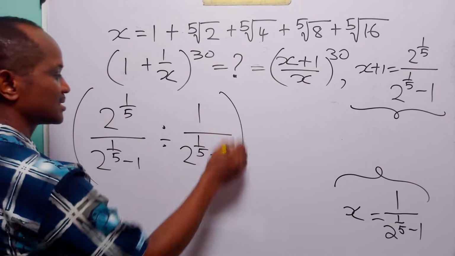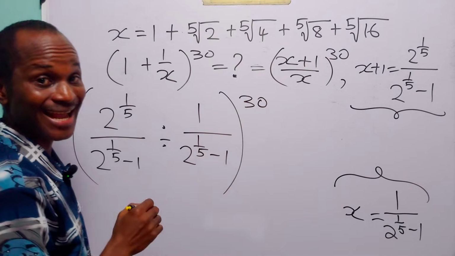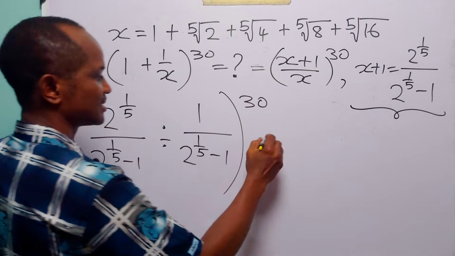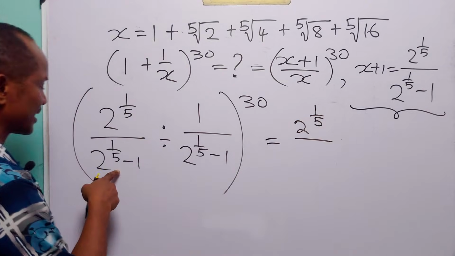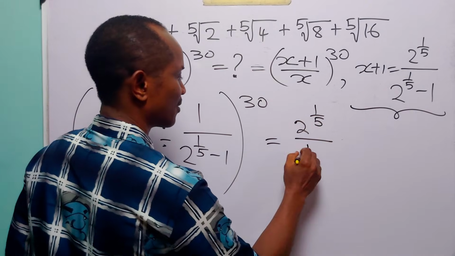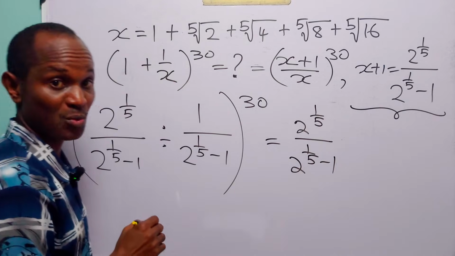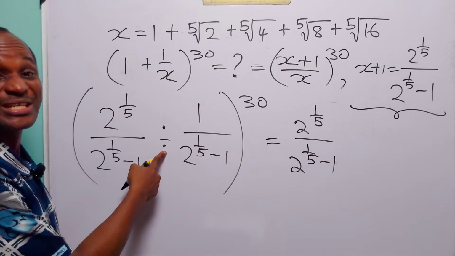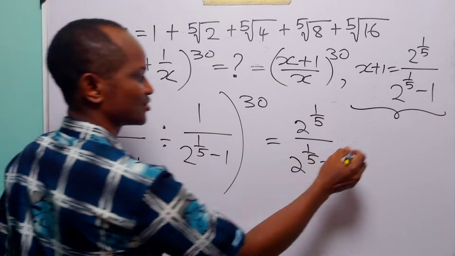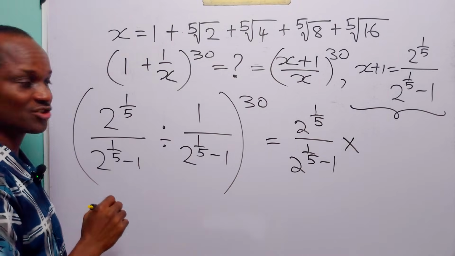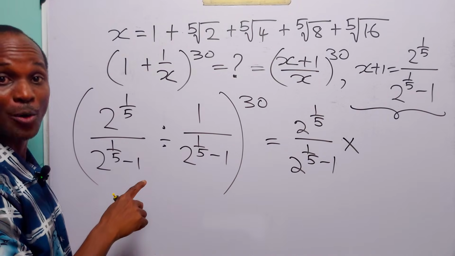And of course, this to the power 30. And this is equal to 2 to the power 1 over 5 divided by 2 to the power 1 over 5 minus 1. Now remember that when you divide by a fraction, all you do is to change this sign. So we now have multiplication, and then you flip the fraction upside down.